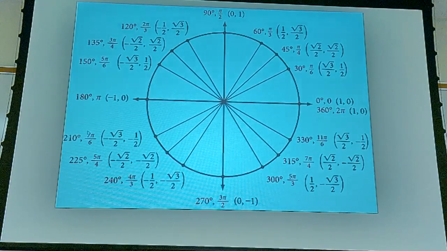What is the range of the inverse sine? Negative pi over 2 to pi over 2. We're looking for angles between 0 and 2 pi.